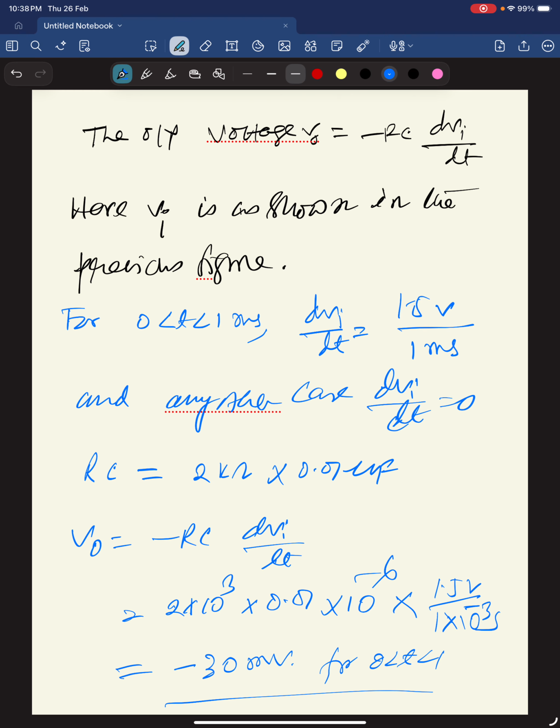V0 is equal to minus 30 millivolt for 0 less than t less than 1 millisecond, and that is equal to 0 otherwise.